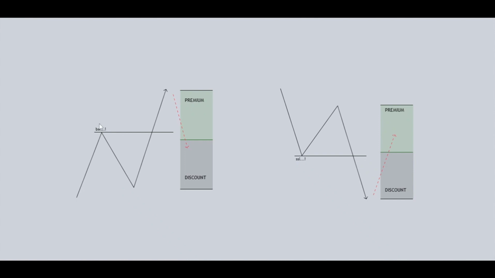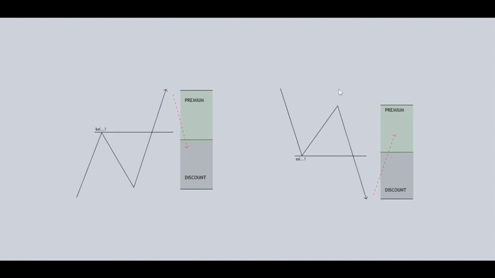So since we broke this high, we know that we are bullish, but that doesn't mean we must always be buying. We must know when to buy and when to sell, because we can't keep buying when price is at what? At premium. You can't buy something that is too expensive. All right, you must wait until it becomes cheap or it is on a discount so you can buy it.